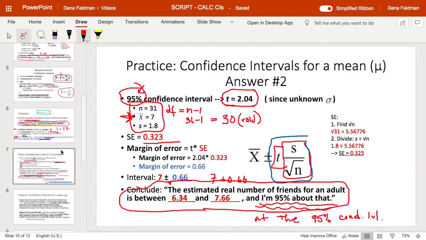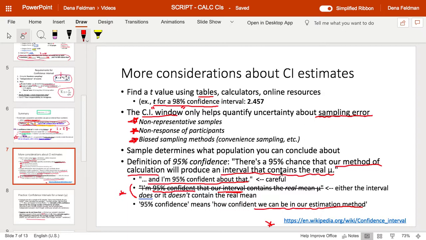Perhaps helpful to see that again. It's again that there's a 95% chance that our method would produce an interval that contains the real mean.